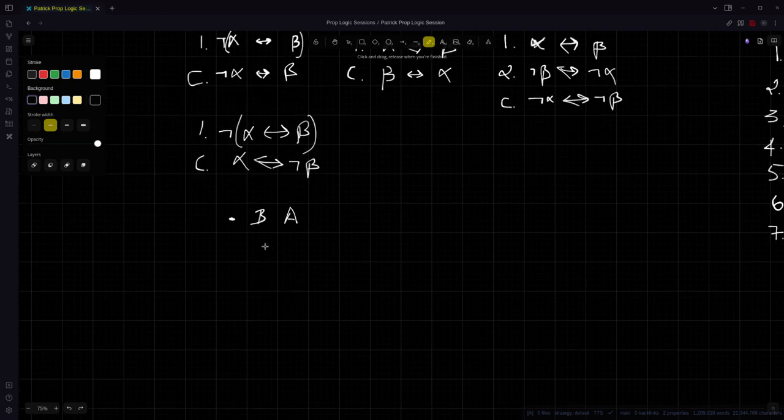So what will that be in terms of non-biconditional operators? In terms of non-biconditional operators, there's alpha or, and then you open a bracket, beta or gamma.